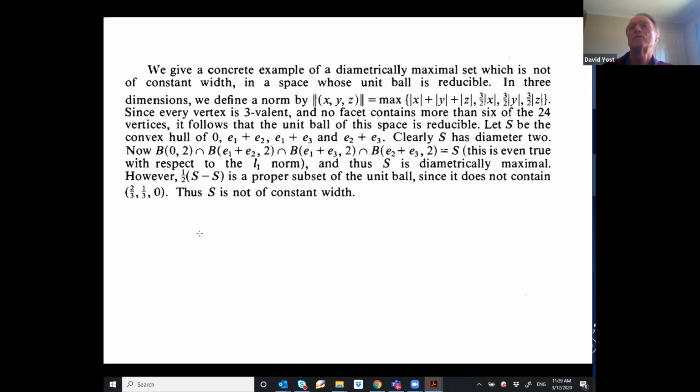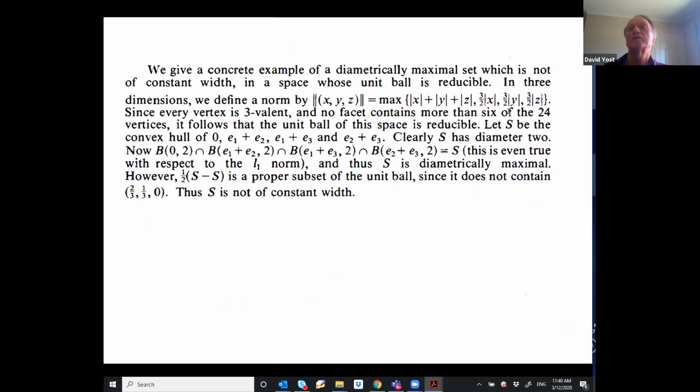Now, this is not always true if we take different norms. So here is, I think, the simplest example. This is my own. If we take a 3-dimensional space with this norm, what we're doing is we have the L1 norm here, the octahedron, and then we cut off the corners of the octahedron.